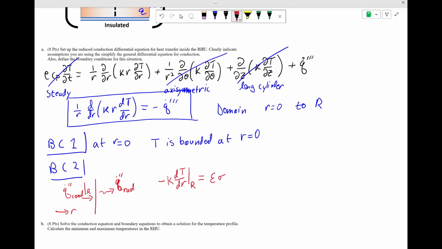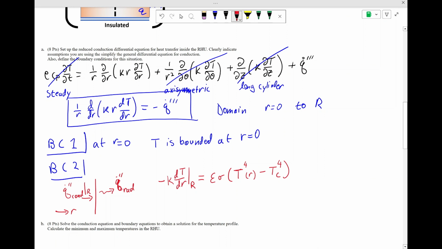So that's epsilon sigma, T of R to the fourth minus T of the surroundings, Tc to the fourth. And those again have to be in Kelvin.